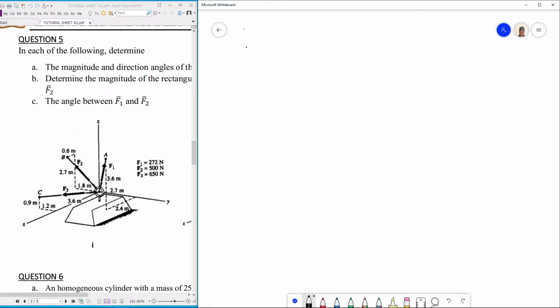So we'll start with A. Remember, our aim is to get the unit vector in the direction of A and multiply by the magnitude of F1.